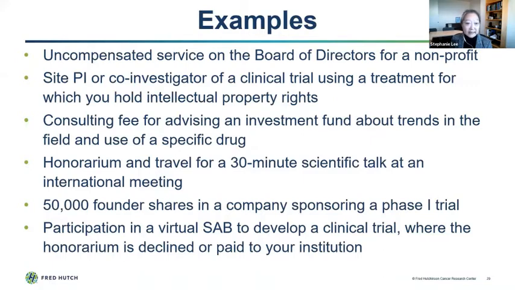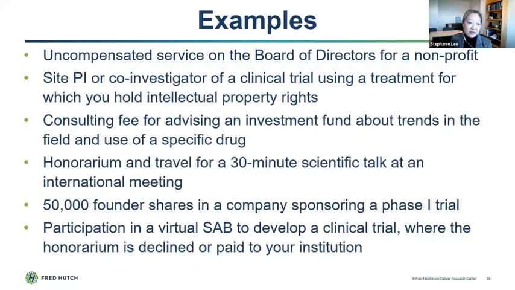And so this is the kind of thing I think that would be approved, but that would need prior approval because it is that conflict of commitment. There's going to be time involved. If it's uncompensated service, but you actually have to fly someplace for the meeting, then that actually does count as compensation and would need to be reported as a monetary amount.